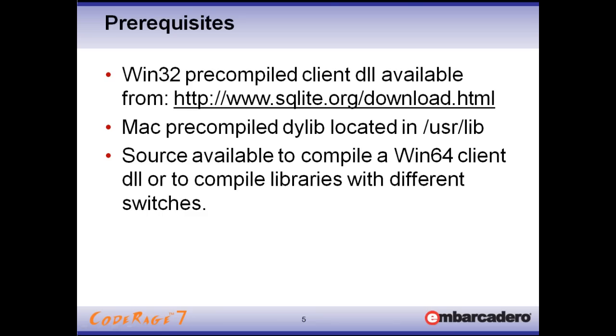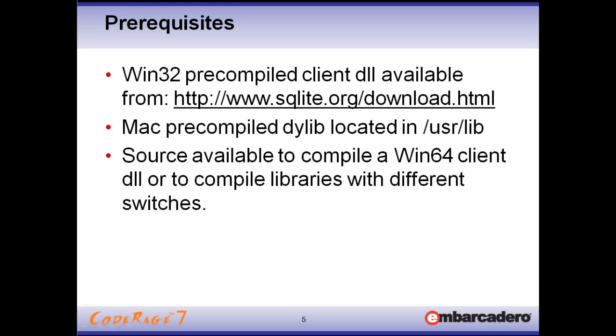In order to design and deploy your DBX SQLite application, you will need the SQLite client. For Win32, this is available from the SQLite website at the URL that I have provided on this slide. For OS X, the client library will already be located in your user lib directory, so it should not require any action on your part.